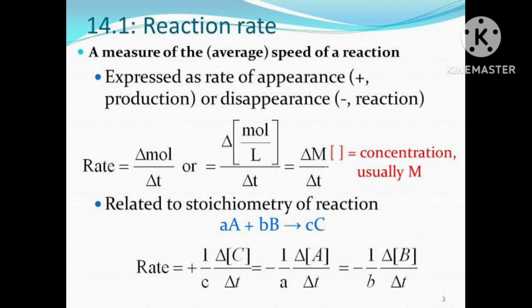This is the rate of, and this value is equal to 1 upon 4 delta NO2 divided by delta T. This value, 6.79 into 10 to the power minus 4, is equal to 1 upon 4 delta NO2 upon delta T.